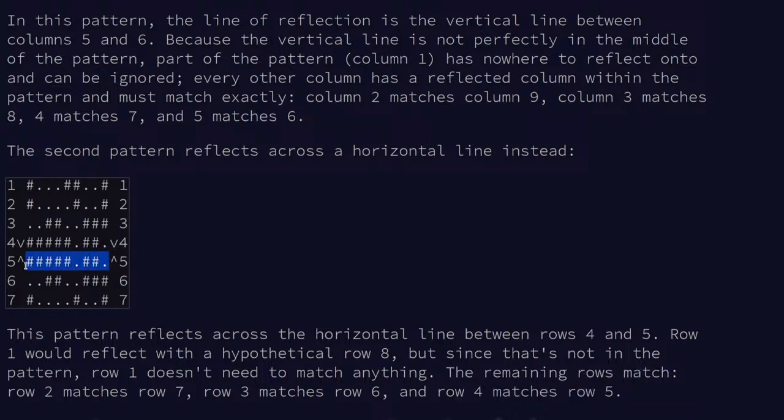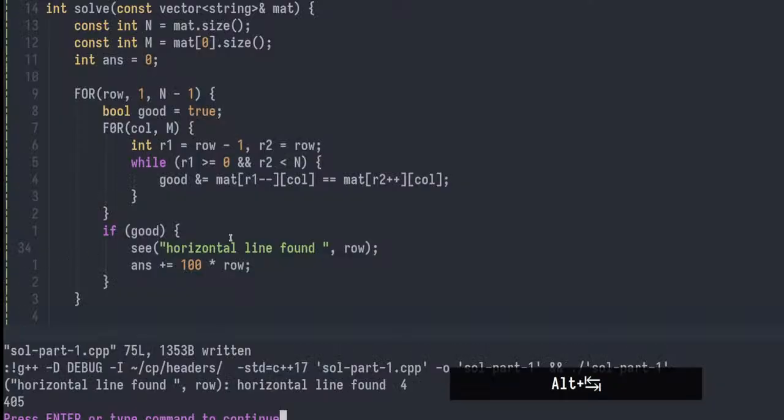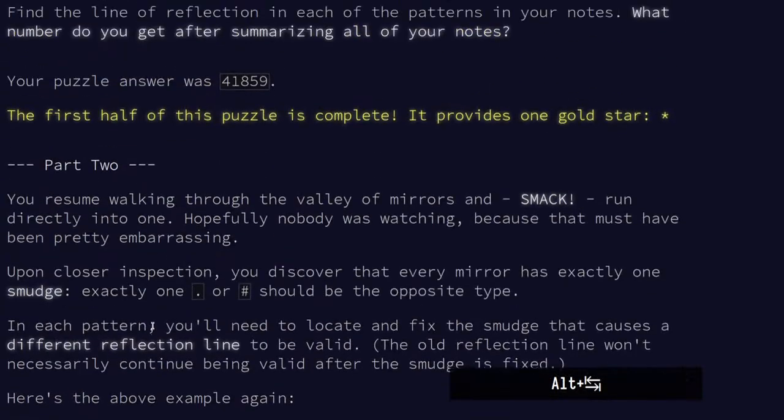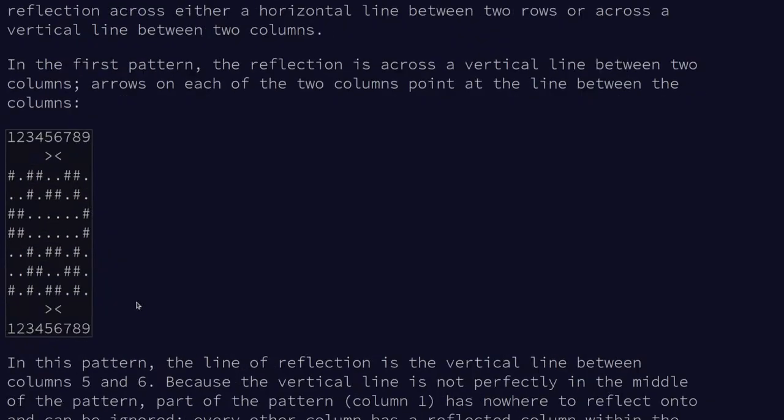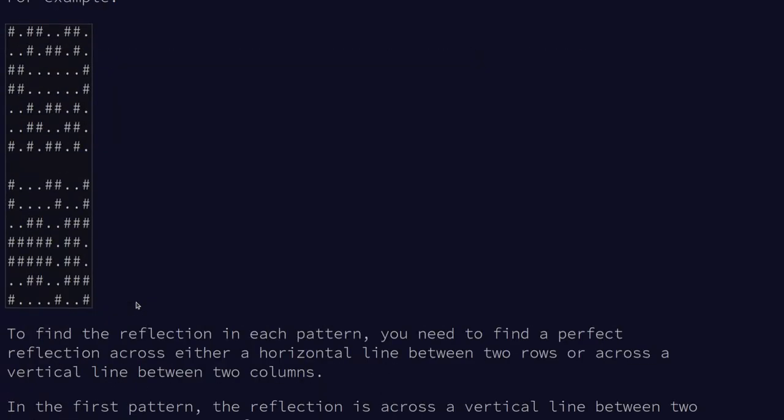Yep, this one. So it found a 4, but it only found it for one test case. It didn't find it for this one. The first one, I guess.